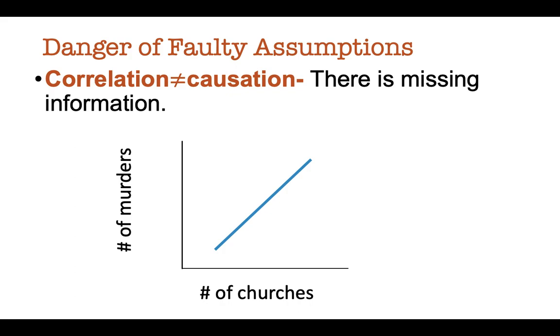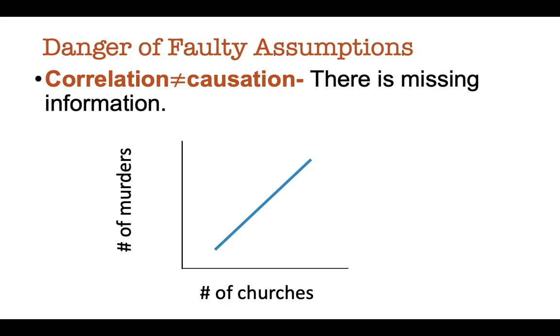So in a region where you have more humans that live in a specific region, you're going to get more of everything, right? So in a high population area, you're going to get more roads, more grocery stores, more churches, and also more crime, more murders. So churches aren't really the explanation here, the causal change. The real reason that cities that have more churches also have more murders is because of the population.